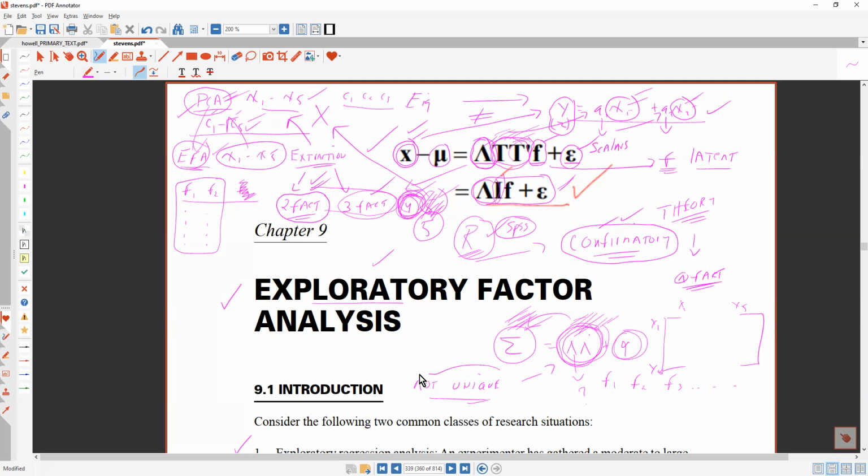And when we say not unique, we mean you can have different values for it. Uniqueness is nice because if something's unique, you can say, I found the solution, the solution. If it's not unique, you have to say, I found a solution.